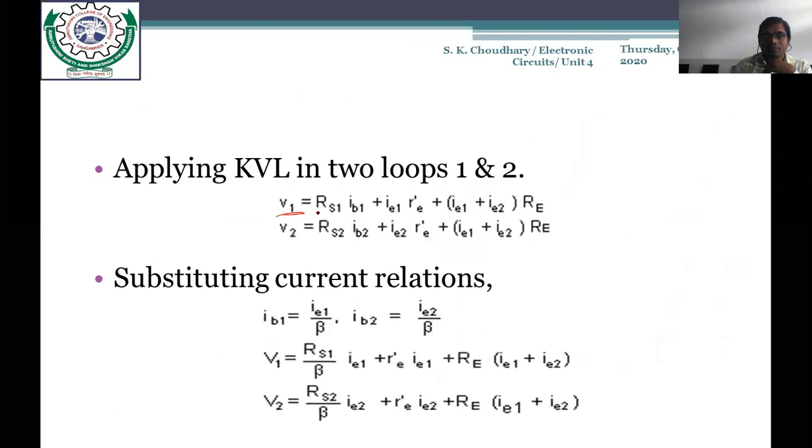First of all, the first resistance we face is RS1, and the current flowing across it is IB1. So you can write it as a rise in potential V1 minus IB1 RS1, minus, then again across the RE dash there is a drop in the resistance voltage, so it is RE dash minus.